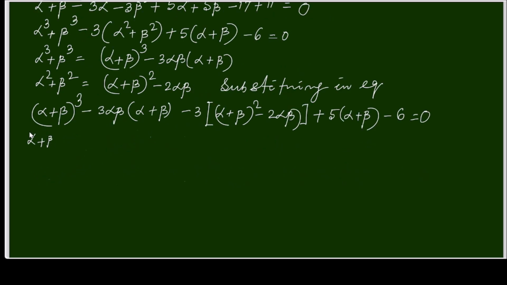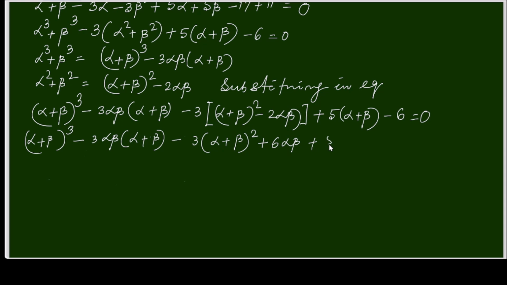Alpha plus beta whole cube minus 3 alpha beta into alpha plus beta. Here I am multiplying. This will be minus 3 alpha plus beta whole square plus 6 alpha beta plus 5 alpha plus beta minus 6 equals 0.